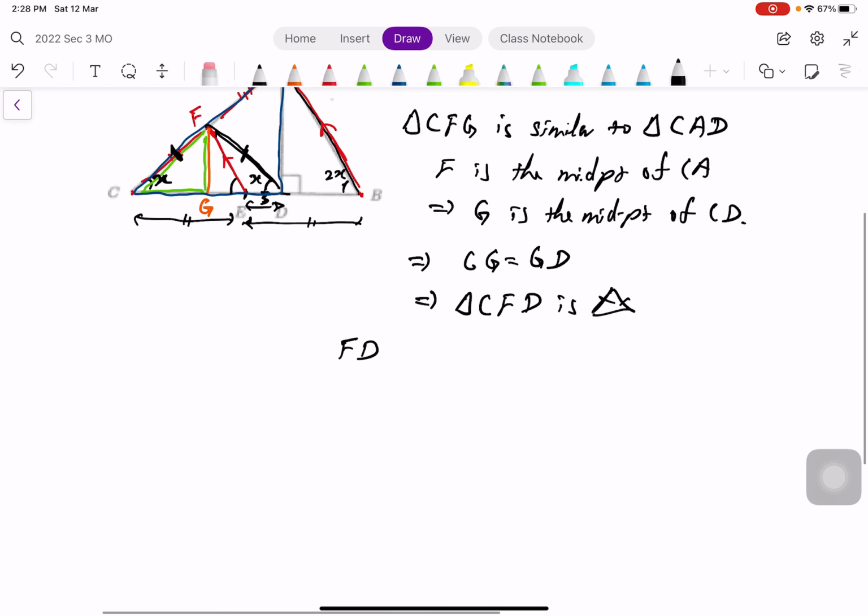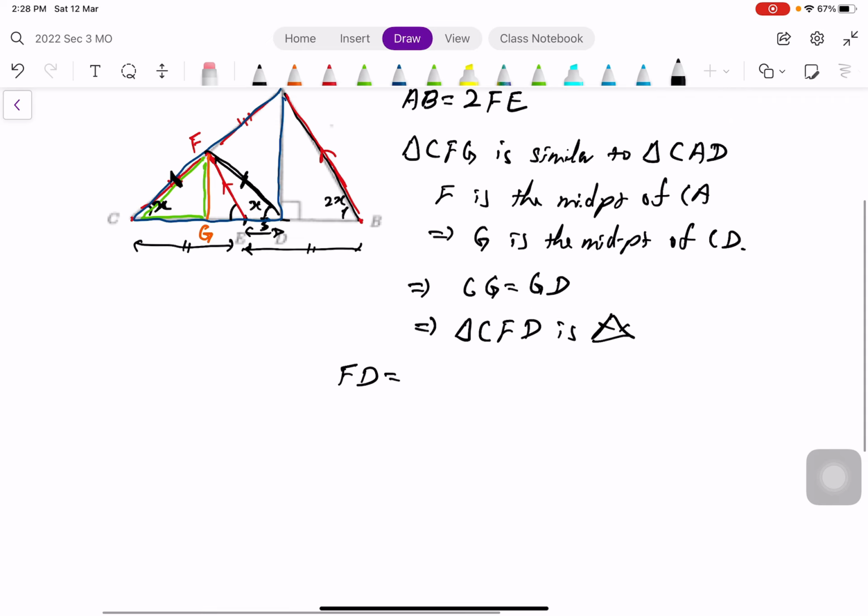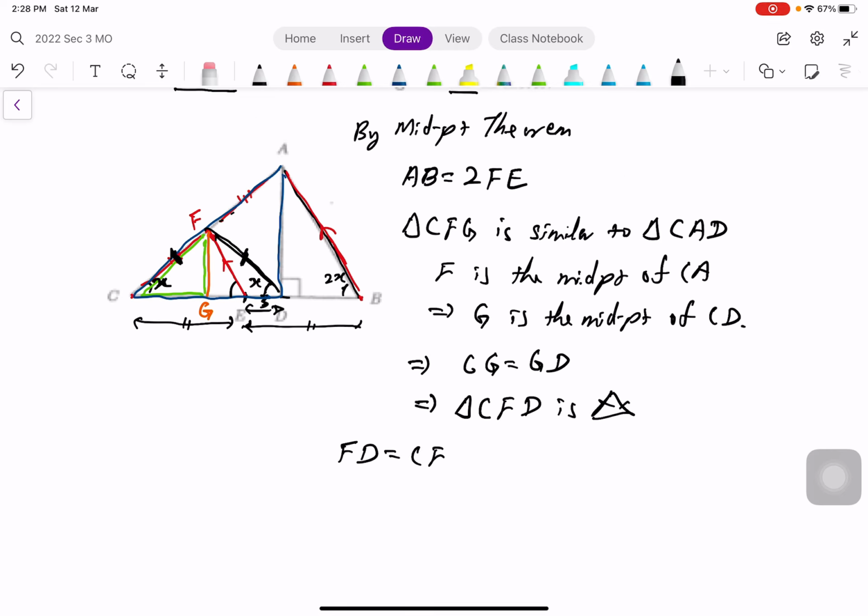Your FD is equal to CF, because this length is equal to this length. But don't forget, this is also equal to FA, because this length is equal to this length. Therefore, what does it mean? That means this angle, we also know that this is actually x.